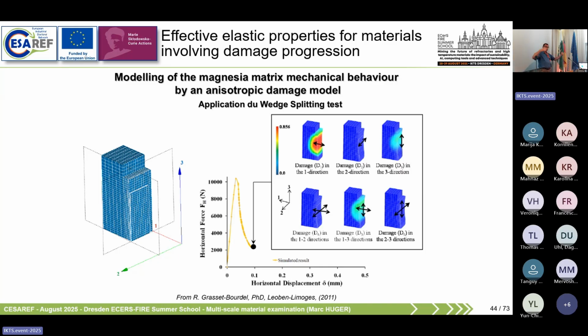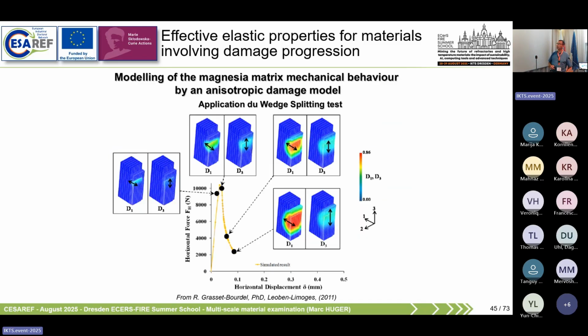Depending on the stress direction inside the wedge splitting sample, you are able to monitor the area in which you have a huge increase in the damage parameter, and you can see that in some directions there is no damage because of the configuration of the wedge splitting test. So this is also interesting to see how the material behaves under mechanical or thermomechanical loading.